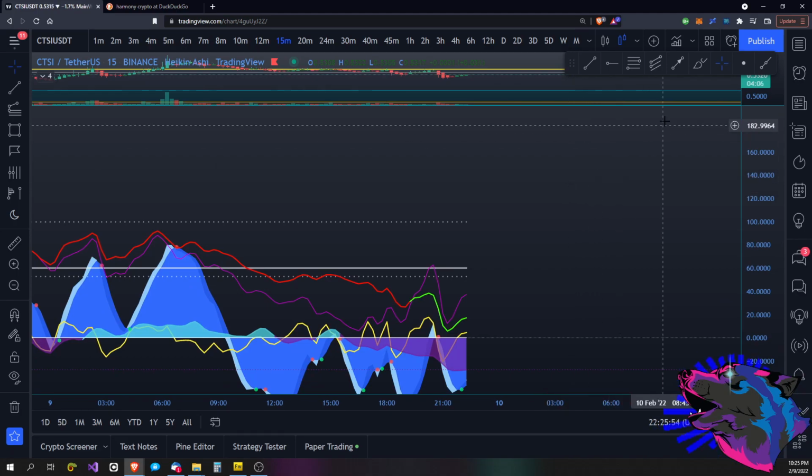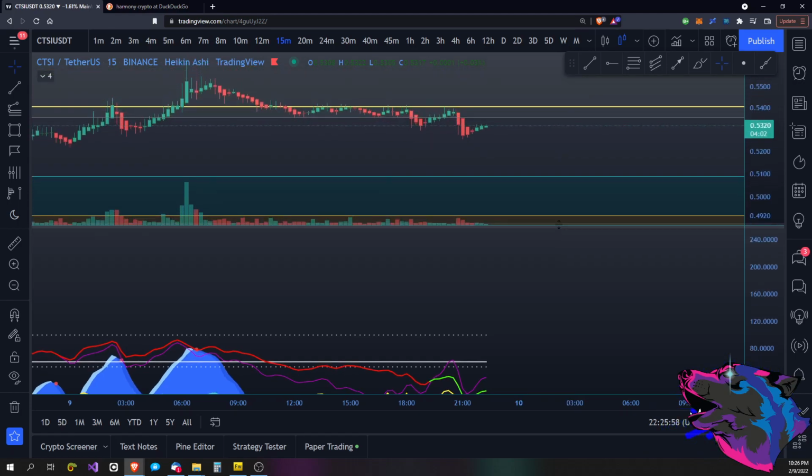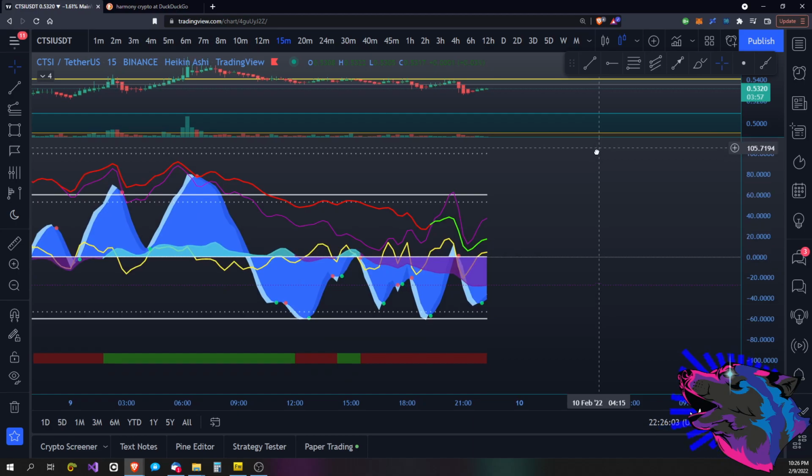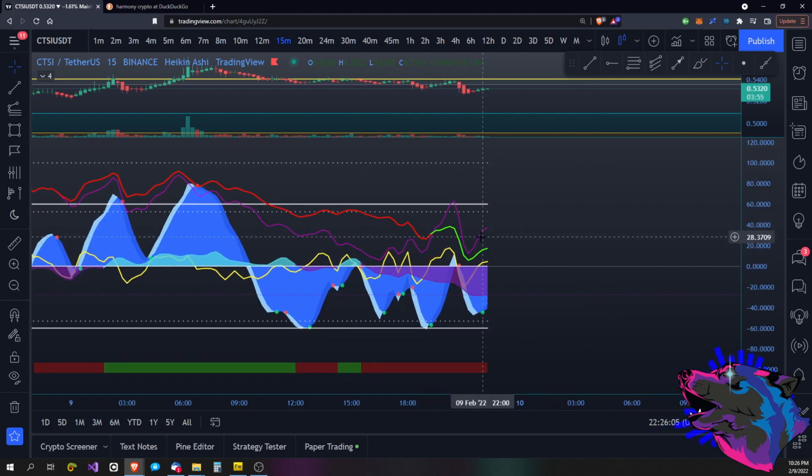It's only the 15-minute chart, 4 minutes left. But, I mean, we are kind of going up in the green candles at the moment. RSI is a little bit split, but we're still generally kind of in the downtrend of the RSIs. Potentially making the turn up to the upside here.